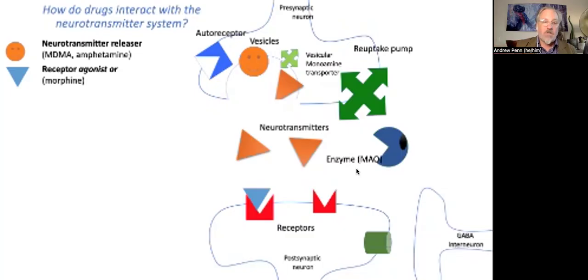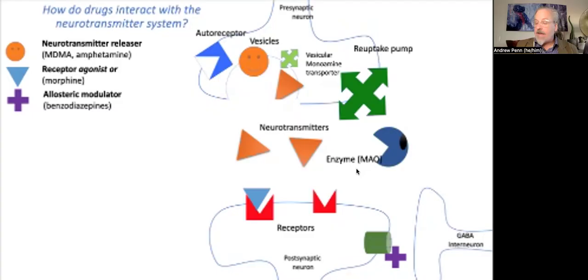It attaches to that receptor in much the same way that the brain's own endogenous opioid system, or endorphins, if you will, would attach to that receptor. We can have allosteric modulation, as I mentioned before, which causes that receptor to be less or more likely to activate in the presence of its own endogenous ligand.